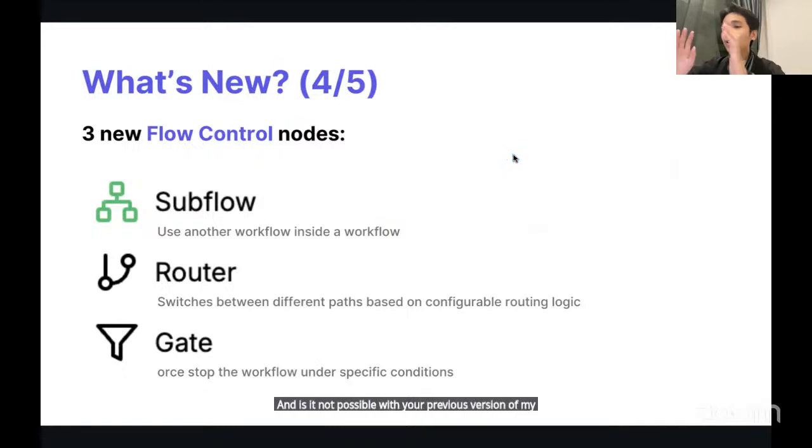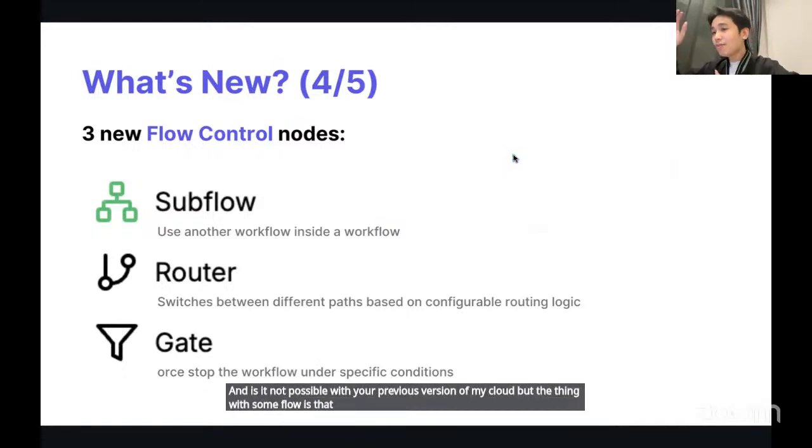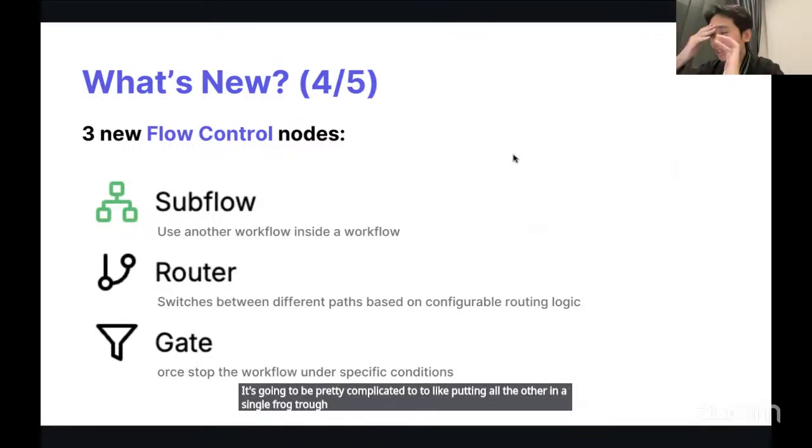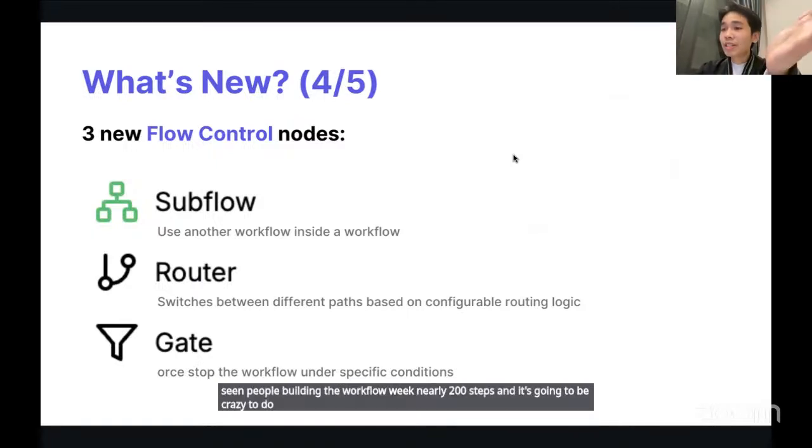But when you build a pretty scalable system to automate everything, it will be pretty complicated to put all the agents in a single workflow. The record for me is that I have seen people building a workflow with nearly 200 steps, and it's crazy and pretty time consuming to do that.